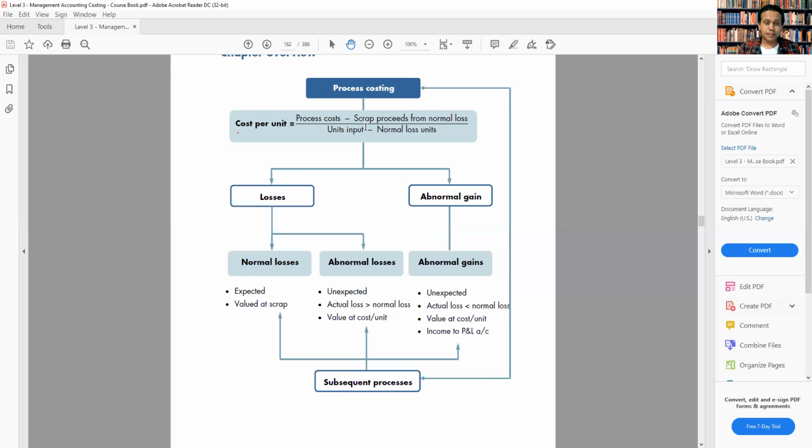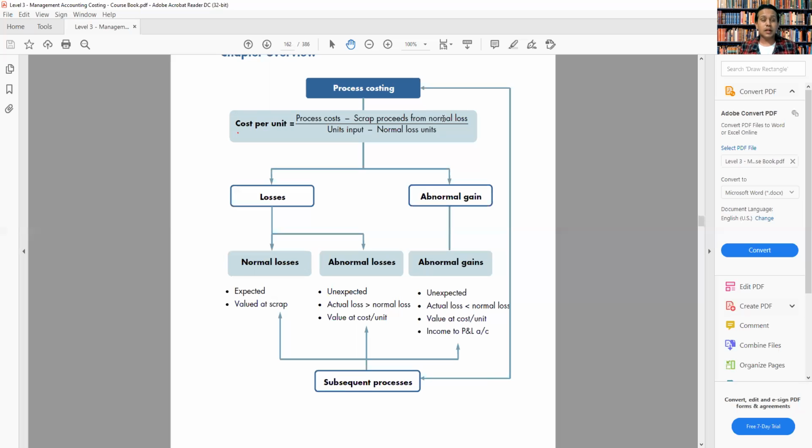So for example, if we have something that is a waste, and we can sell it for any money, that is called scrap proceeds from the normal loss. For example, sometimes in Tesco or Sainsbury's, they say it is reduced to clear.